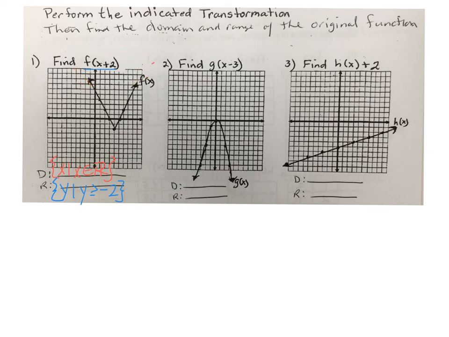Now if we look at f of x plus 2, what happens to the graph when we add 2 on the inside of the function? It moves it to the left 2. Okay? So then we're going to take each of these points that you see on the graph and move them left 2 and then draw a new graph.